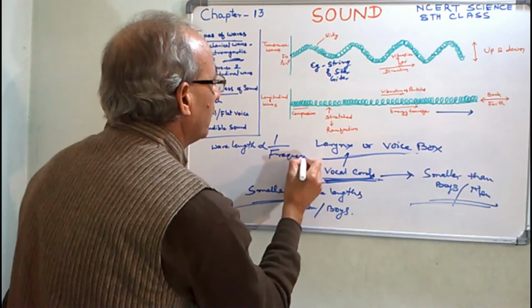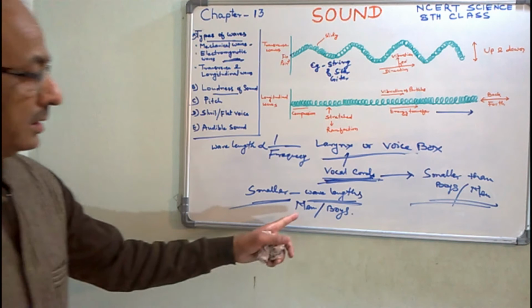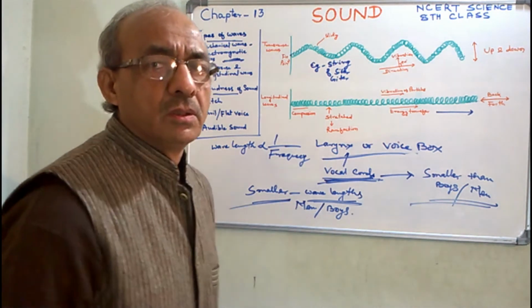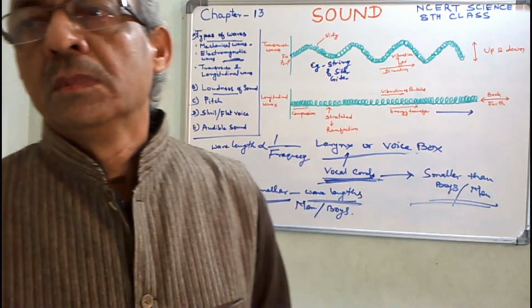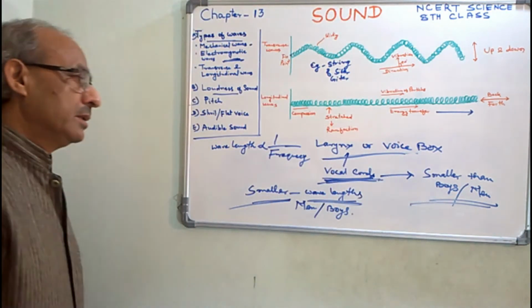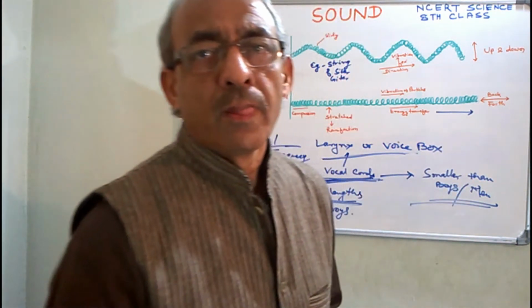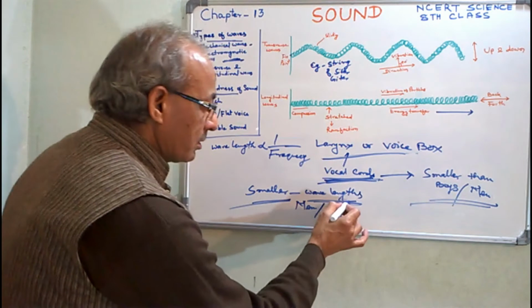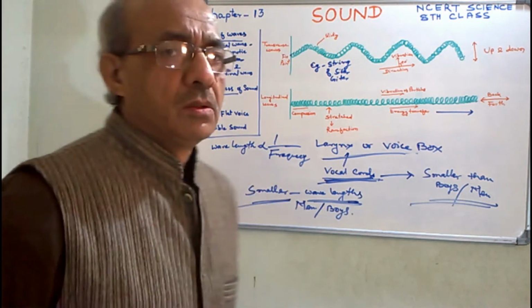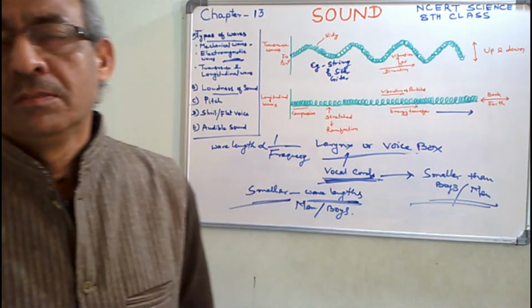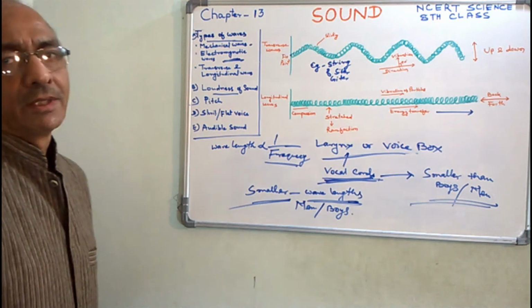As the wavelength of the voice produced by the girls, children, and women is smaller, the frequency of their voice is greater.